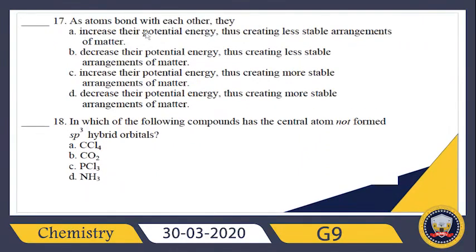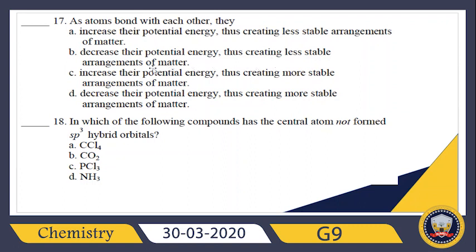Now, as atoms bond with each other, what happens when atoms bond? Let's read. A, increase their potential energy, thus creating less stable arrangements of matter. That's wrong. Decrease their potential energy, thus creating less stable arrangements of matter. That's also wrong.